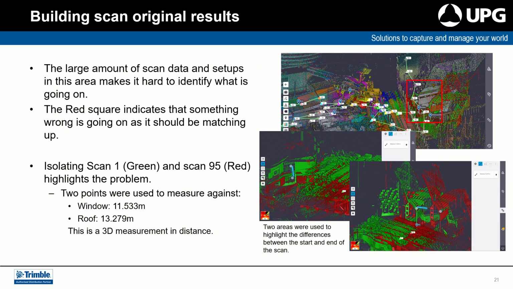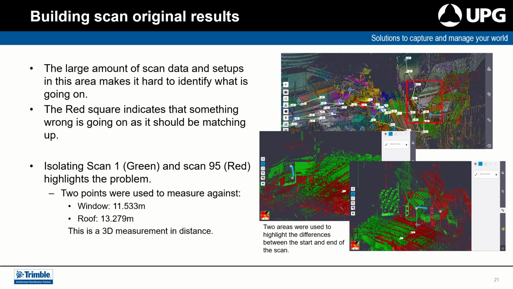The large amount of scan data used in the setups at that start and end point was significant, making it hard to identify what was particularly going on. In this area, there were several scans, which made it hard to identify which individual scan was having the most impact on the area. So scan 1 was isolated, and one of the last scans, scan 94, was isolated to compare against.